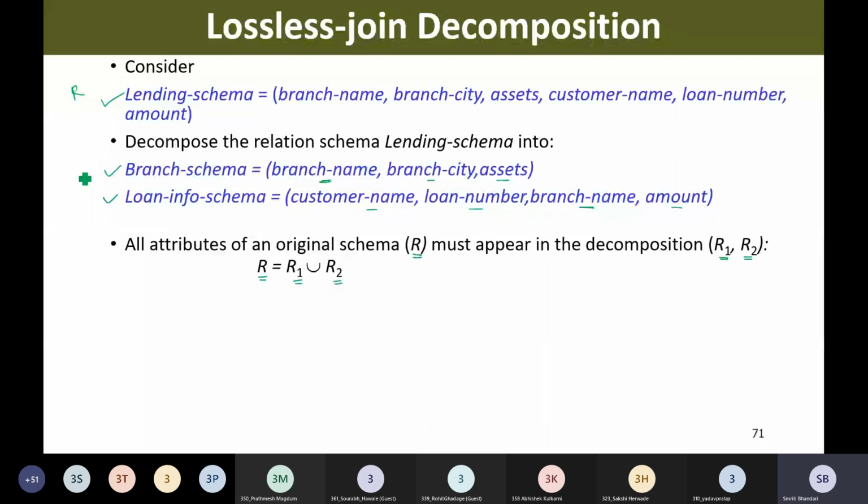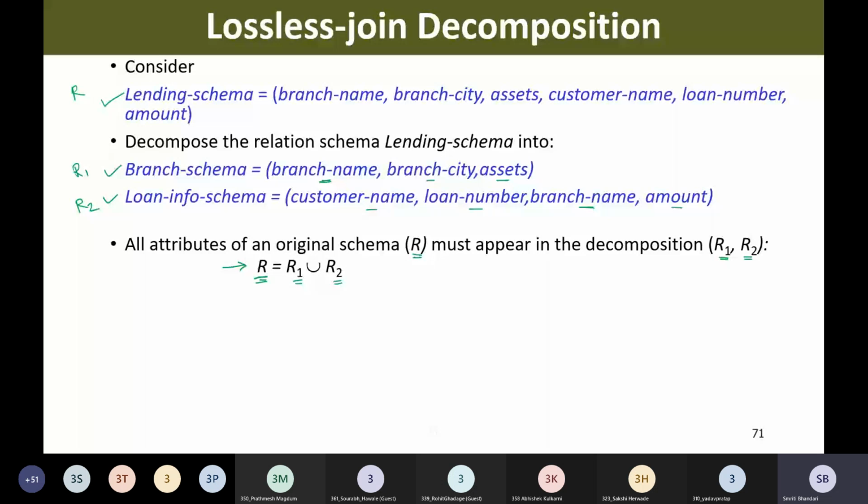So, while decomposing any relation into two relations, say R1 and R2, we need to make sure that all the attributes of the original schema are there either in R1 or R2. So, we always need to check this condition, where R1 union R2 gives me the original schema R. That is the first condition that we need to check while decomposing the relation.